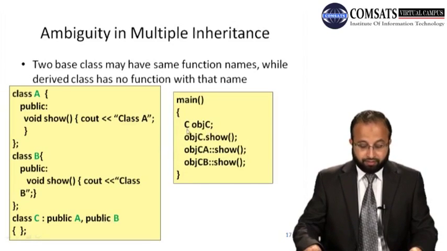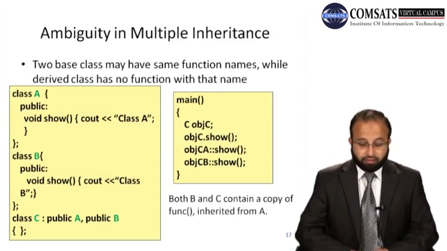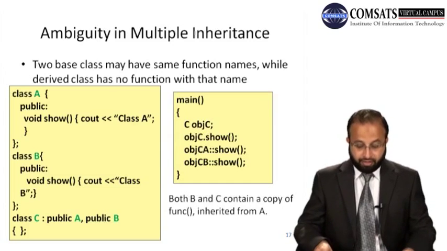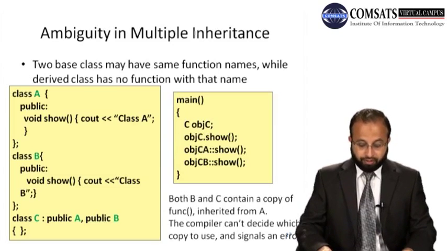For example, like this, we created an object obj of class C, and now it calls the show function. So here the compiler doesn't know which function to call, either the show function of class B or class A. So both B and C contain a copy of a function inherited from A, and the compiler cannot decide which copy to use, and it signals an error.